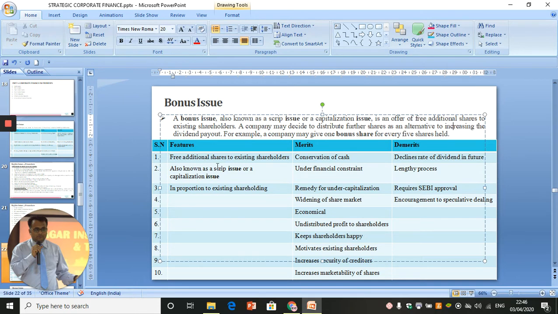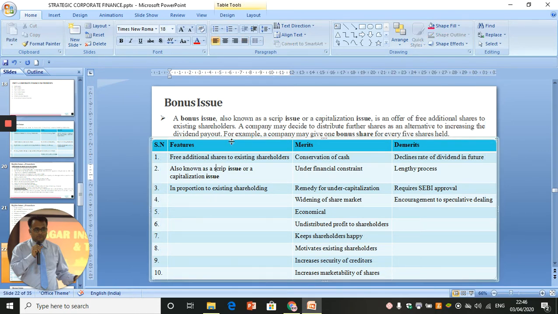So what normally companies do, for example, is that a company wants to give dividends to its existing shareholders, but the company does not have enough cash to distribute dividends because it has made some recent investments which have taken a lot of money from the company. So what they can do is simply get permission and issue bonus shares out of their reserves, and reserves means it has to be from capital reserves.